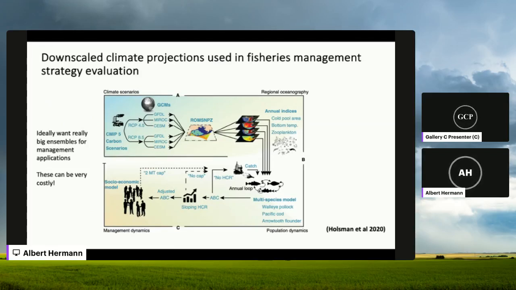And in this particular case, the Regional Ocean Modeling System can be used to generate regional, finer scale projections of aspects of the Bering Sea of interest to fisheries managers, like the so-called cold pool, a big blob of cold water that appears most years on the Bering Sea shelf, and the biomass of zooplankton that serve as food for the fish. That output is then fed into fisheries models, and those can be subjected to a variety of possible management scenarios.